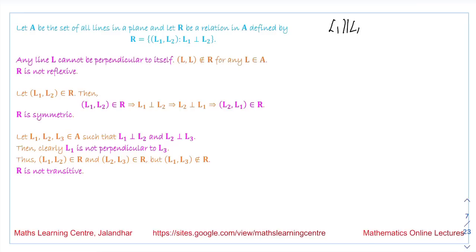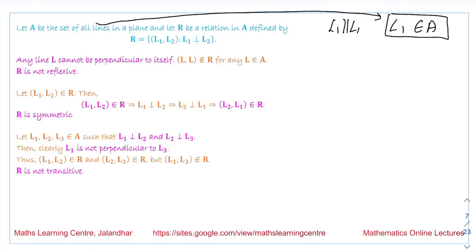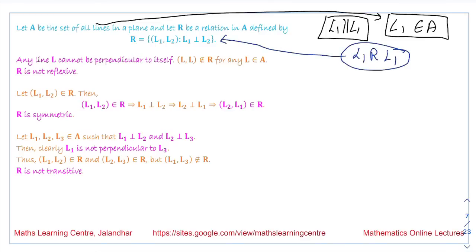If we consider any line L1 from the set of all lines in a plane, we know that L1 is never perpendicular to L1. So L1 is not related to L1 by this relation, and this relation R is not reflexive. That is, the elements of the set A are not related to themselves.